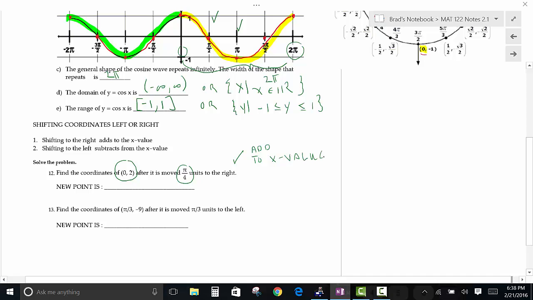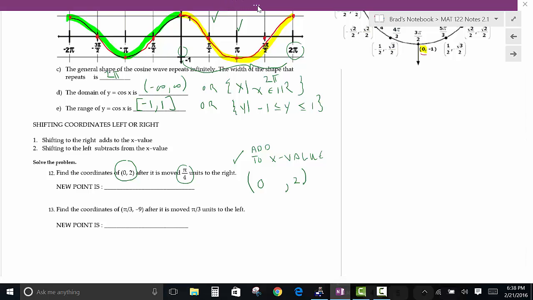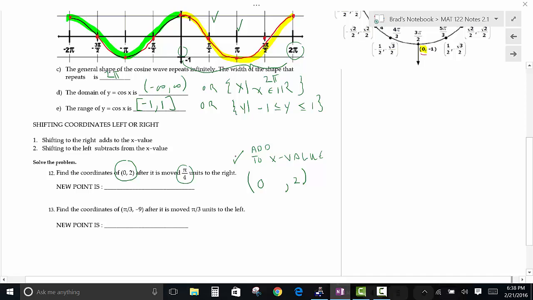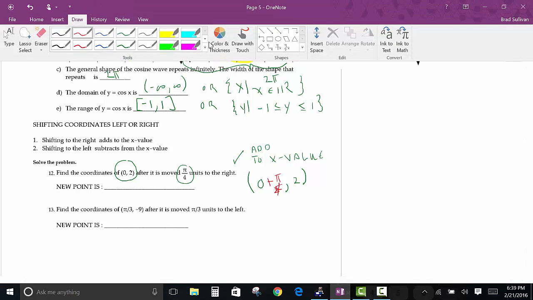This problem you could even do in your head. So we're just going to add pi over 4 to the x value, and that gives you the transformed point.